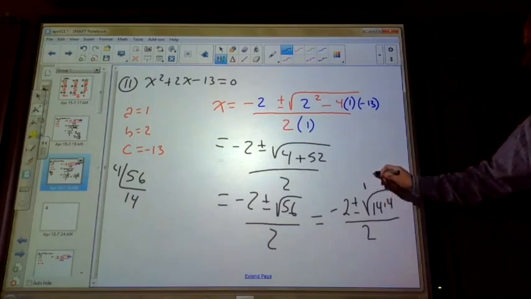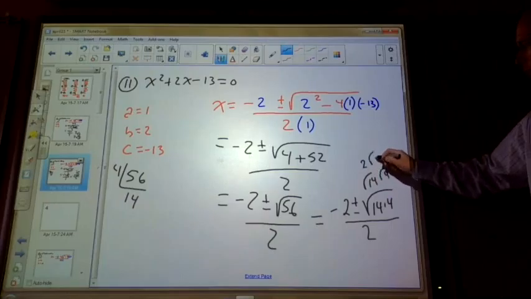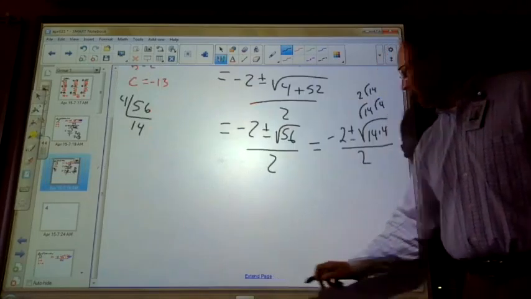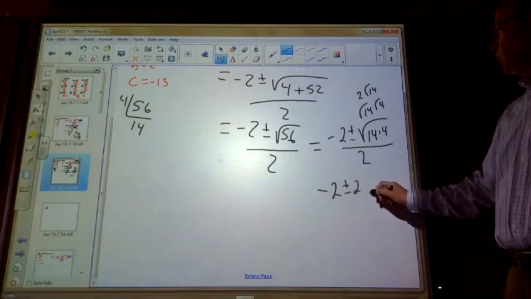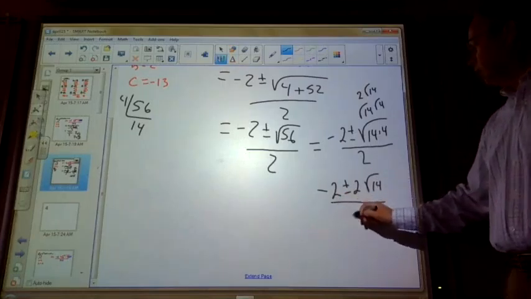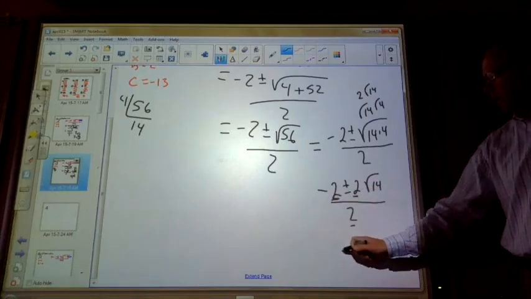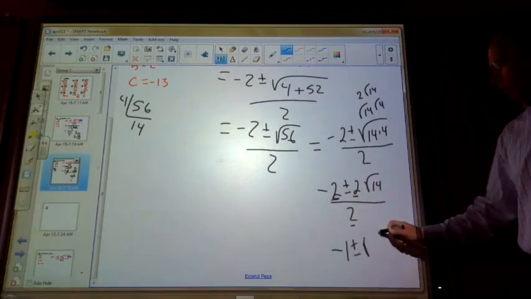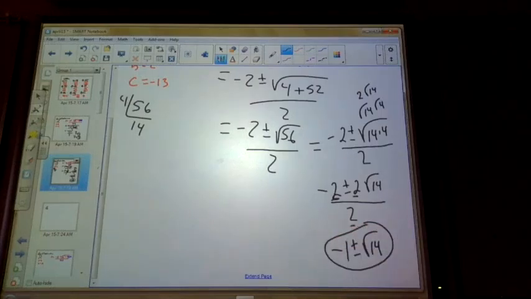This portion is root 14, root 4, and root 4 is 2, so 2 root 14. Let's extend the page. So that's going to give me negative 2 plus or minus 2 root 14 all over 2. And then we can reduce. So I get negative 1 plus or minus root 14 all over 1. That's what my answer is.